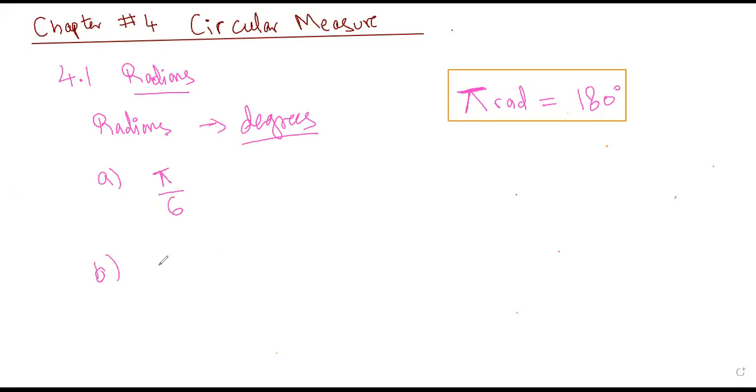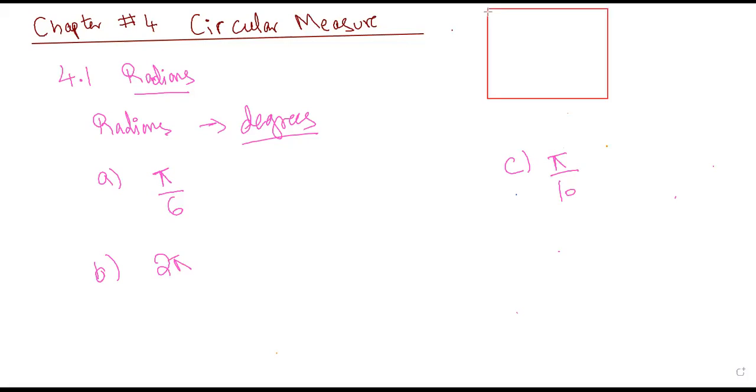Second is to convert 2 pi. Third is to convert pi by 10. Okay. Now, yes, this is the relationship, and yes, you can use the ratio proportion method, but you won't have that much time. So I will write down two notes here. Think about them as the formula, and you can directly find the answer.